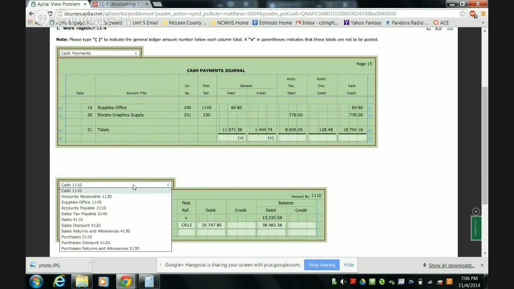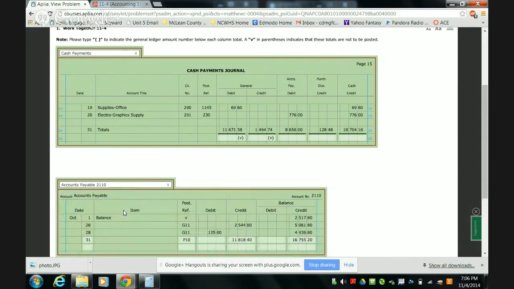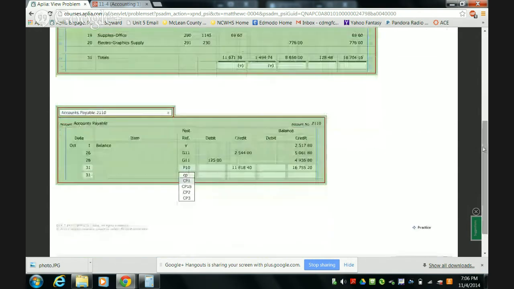So I go to accounts payable. I've got a total here. This is CP 15. In this case, I'll go back up.